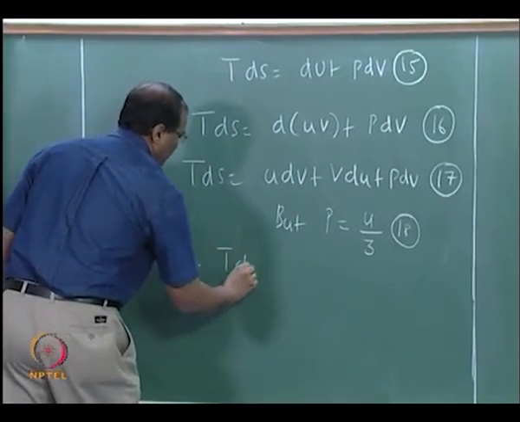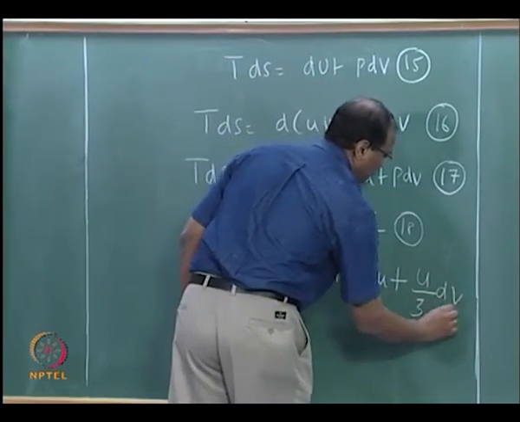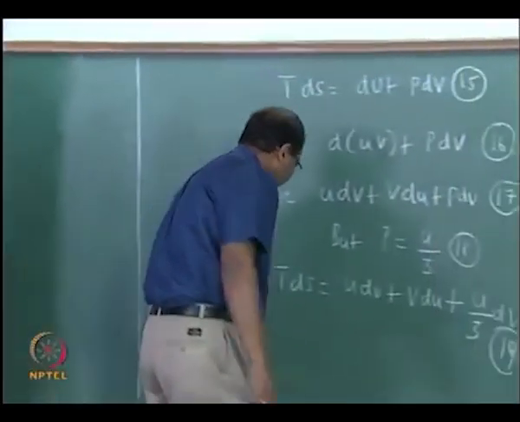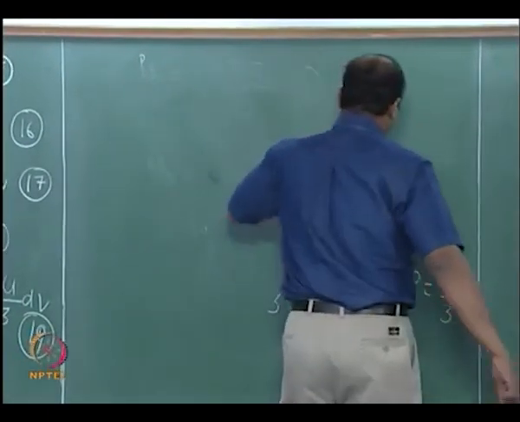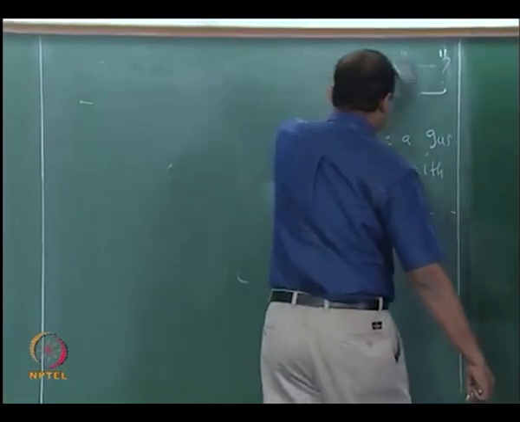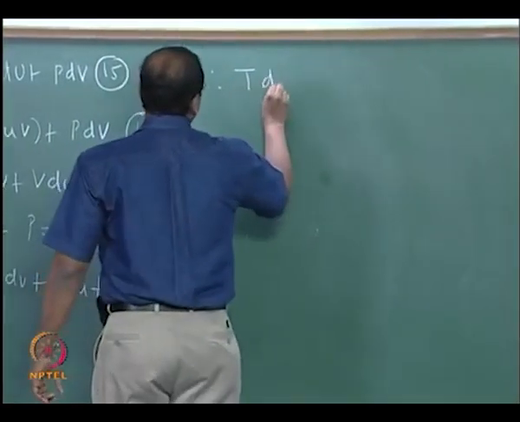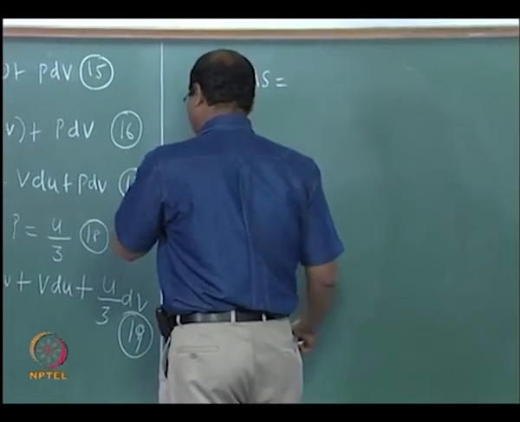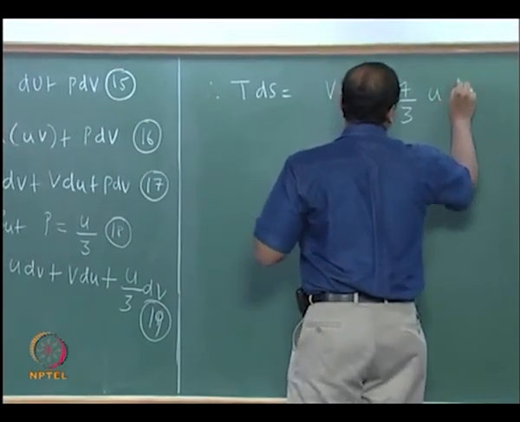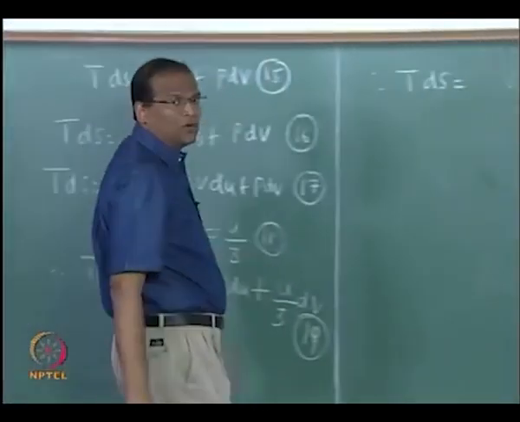Therefore TdS equals, what is it? V du plus 4 by 3 u dV, good. I can divide by T throughout.